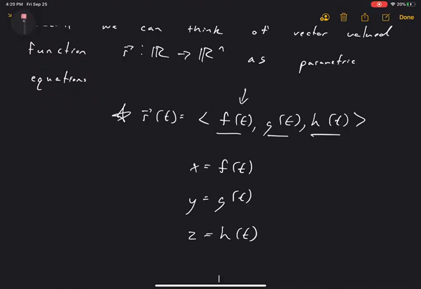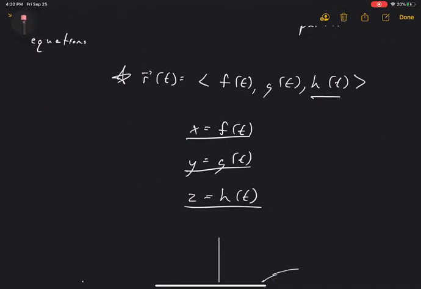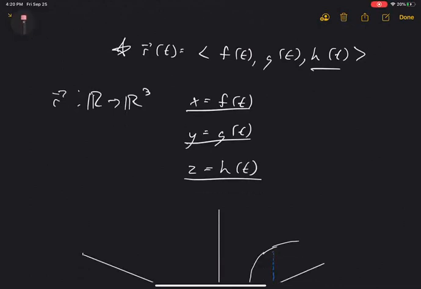So the x component is equal to f of t, the y component of my vector is equal to g of t, and the z component is equal to h of t. Again, we're dealing with a function r from the real numbers to R3. And that's going to be our default for this section, but I don't think there's anything in this section that's unique to R3. We could just as easily do this in Rn, but we're going to stick with R3.